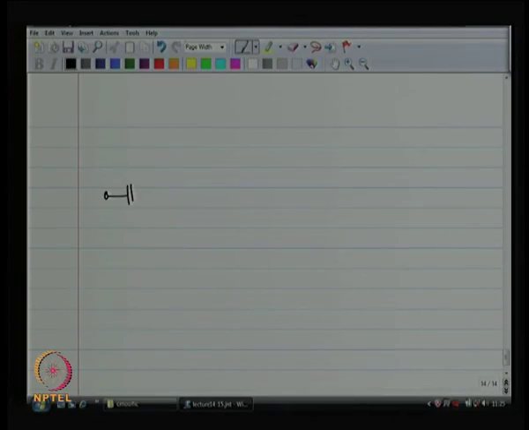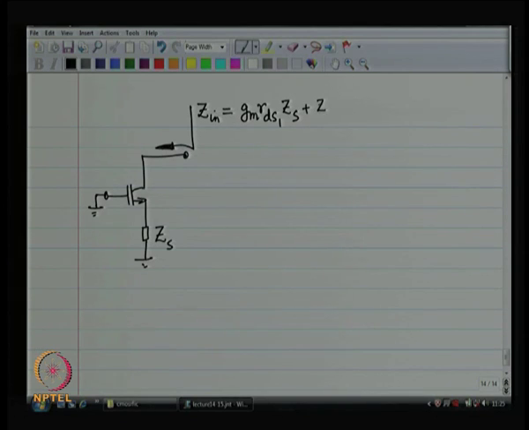Formula number 1. This is formula number 1.